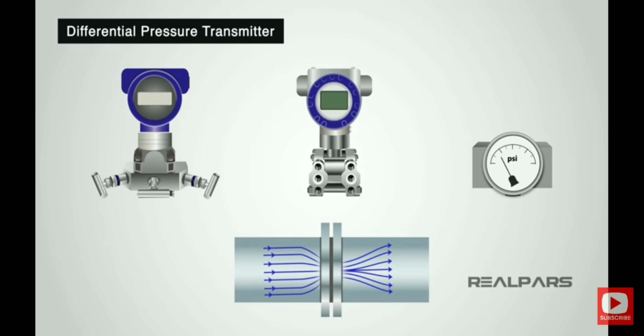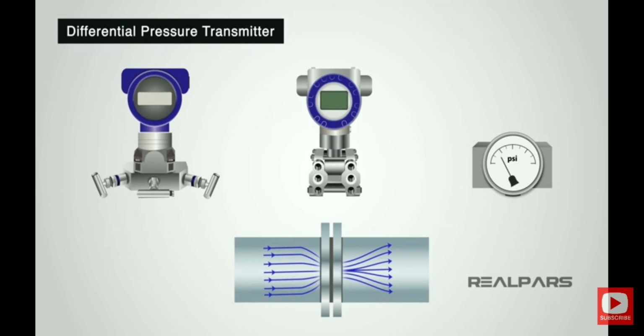DP transmitters are utilized in systems where maintaining a specific pressure is critical, such as controlling pressure in a steam boiler. In some cases, DP transmitters are used to measure density by considering the pressure difference in a fluid of known composition. Commonly used in differential pressure flow meters, including orifice plates, venturi tubes, and flow nozzles.